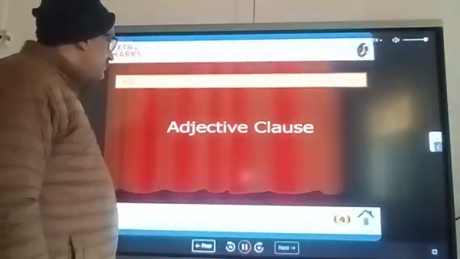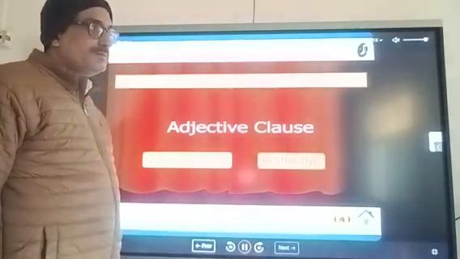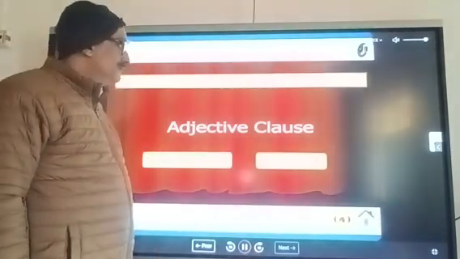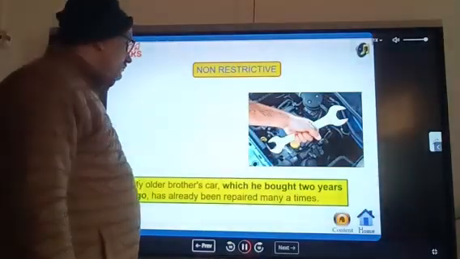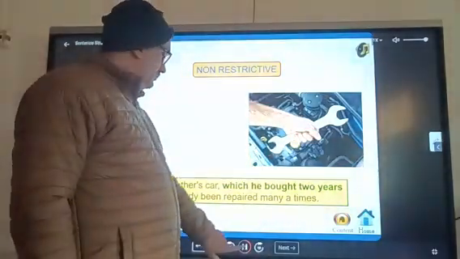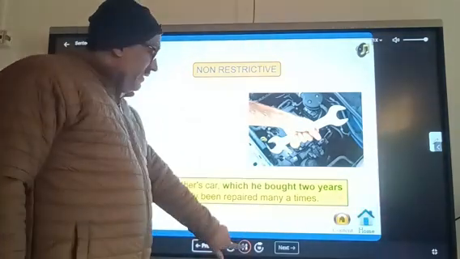Adjective clauses can be traditionally classified as the following: non-restrictive and restrictive. Here is an example of a non-restrictive adjective clause. My older brother's car, which he bought 2 years ago, has already needed many repairs.